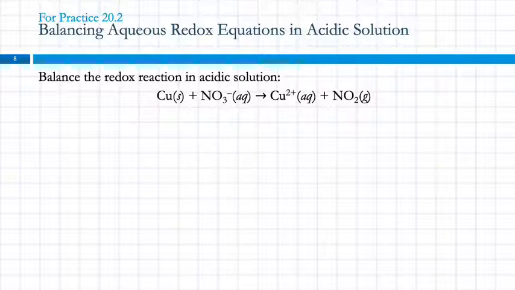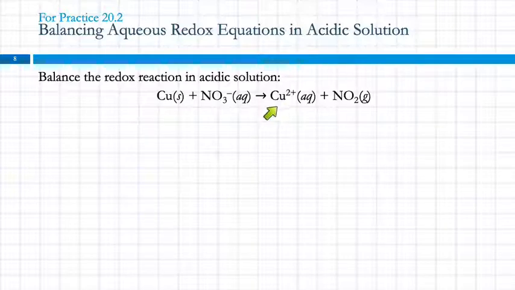Copper metal and nitrate ion reacting to form copper 2 ion and nitrogen dioxide gas. So here's Cu, and it doesn't have a charge. NO3 minus is a polyatomic ion, so it has a charge, and because it's nitrate ion and not nitrogen trioxide, the charge is part of its formula.